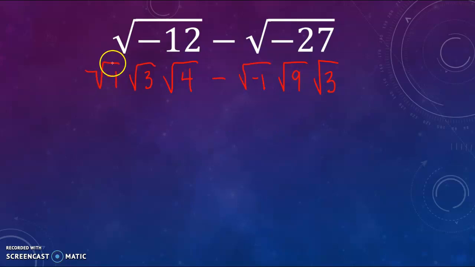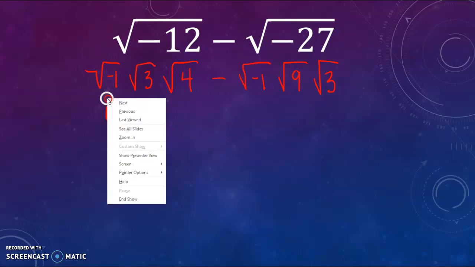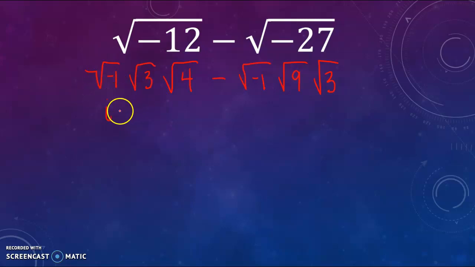The reason I do that is because the square root of negative 1 becomes i. Square root of 3 is going to remain the same because I cannot simplify that anymore. And the square root of 4 is 2. Same thing here. The square root of negative 1 is i.